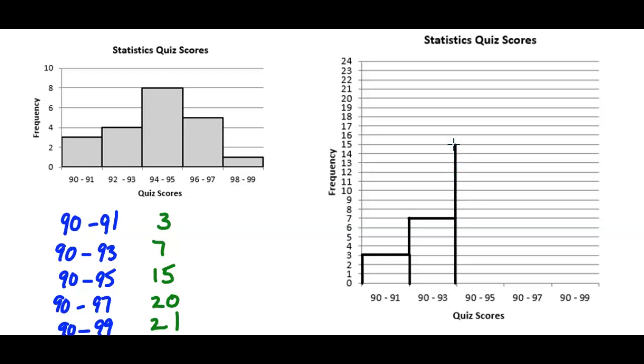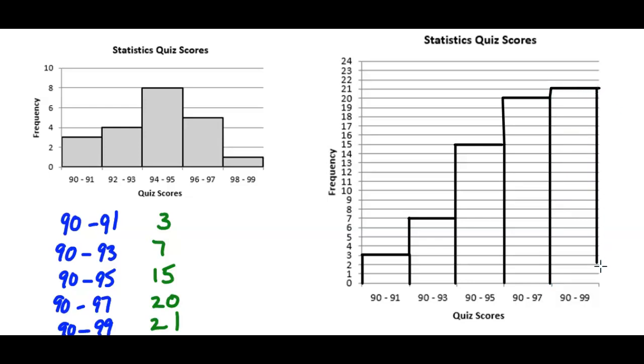Going all the way up. So we just want to make sure we're nice and neat with this. And then we're going up to 20. And then that last piece up to 21. So the lines aren't perfectly straight, but we have a nice visualization.